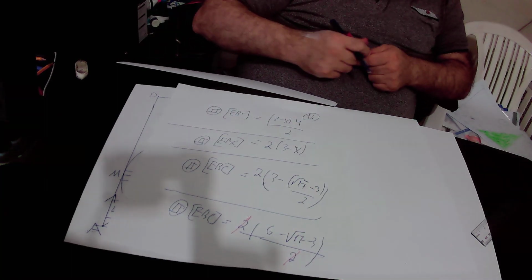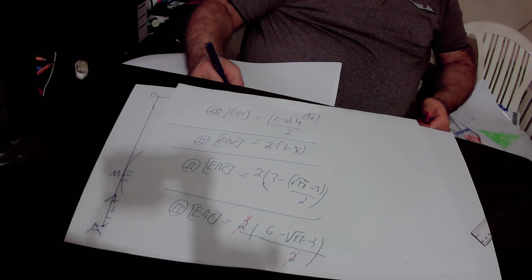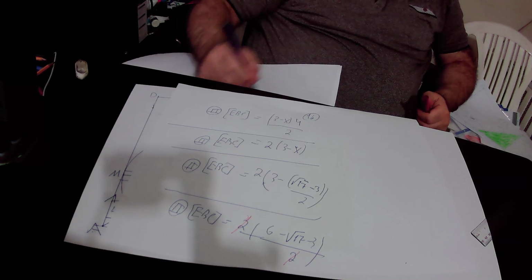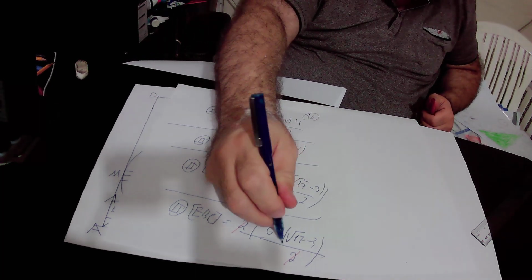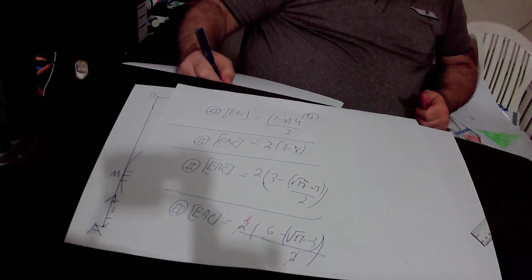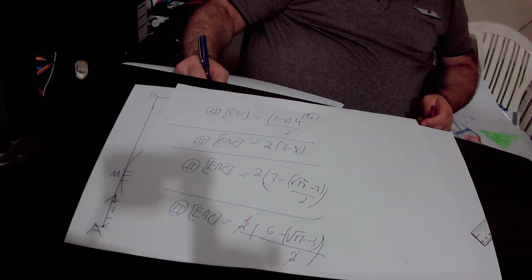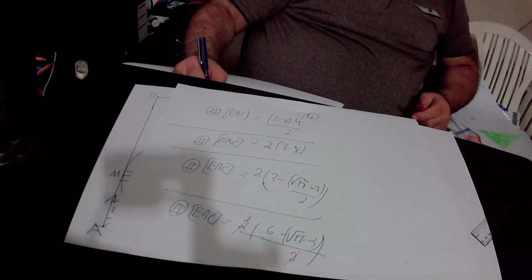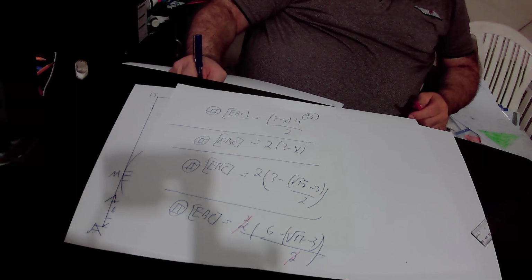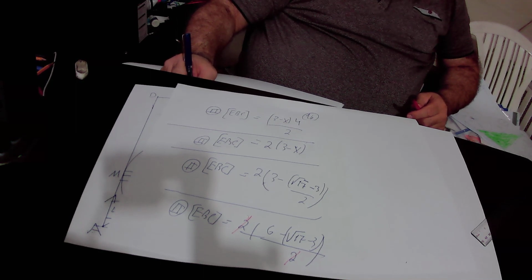It equals 6 minus square root of 17 minus 3.